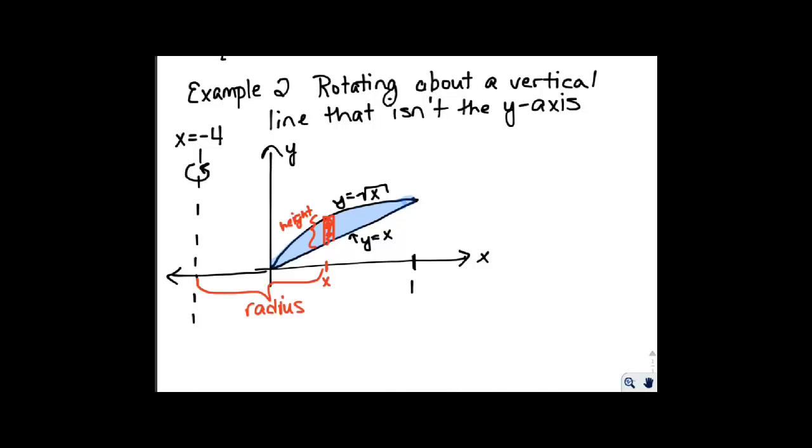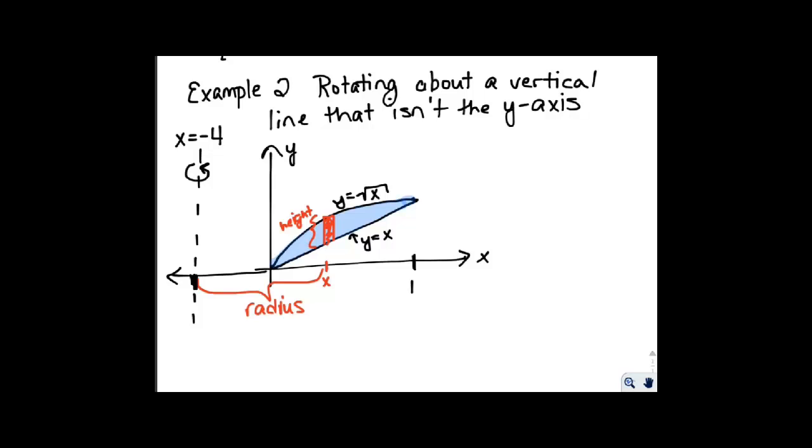Okay, our next example is rotating about something other than the y-axis, but still a vertical line. So in this case, we have a little bit of a different situation. Our shell radius, notice, goes all the way from my line that I'm rotating about, which is x equals -4 right here. This is an example of rotating a shell about something other than the x-axis or the y-axis, but it is a vertical line.